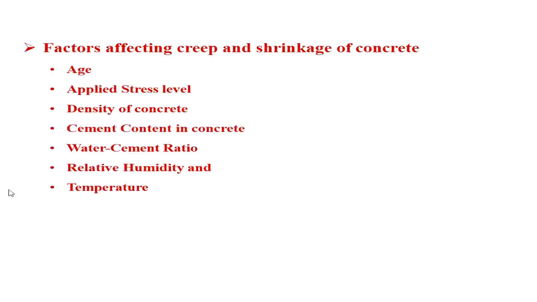Here, various factors affect the creep and shrinkage of concrete: age of concrete, applied stress level, density of concrete, cement content in concrete, water cement ratio, relative humidity, then temperature.